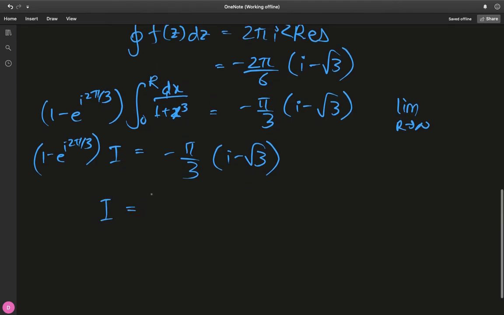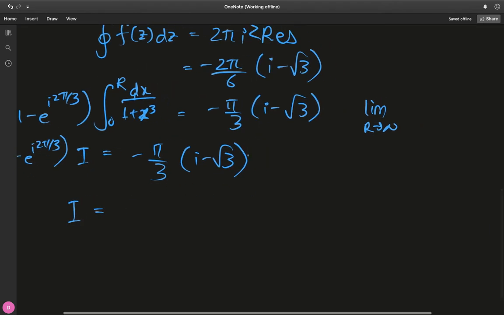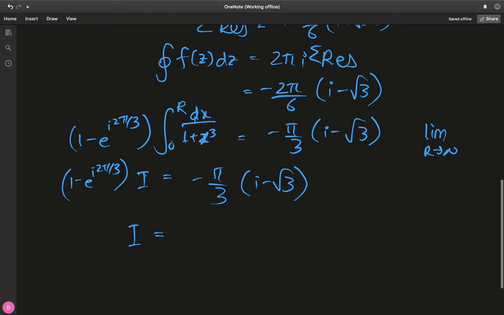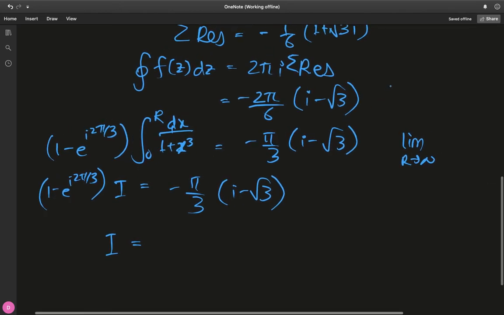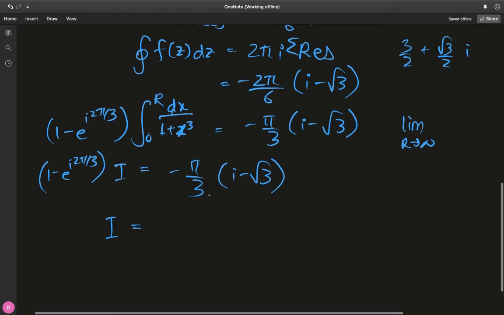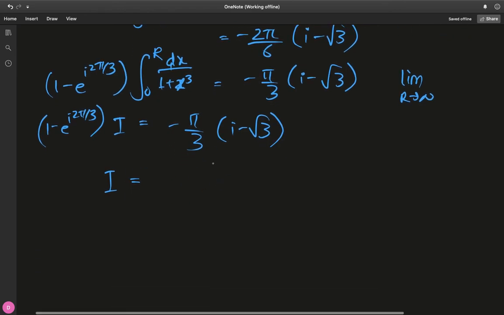So I can be written as, expanding this out, cosine of 2 pi over 3 is minus half. So 1 minus minus half is 3 over 2 plus square root 3 over 2 i in the denominator now, because we're dividing both sides by that.